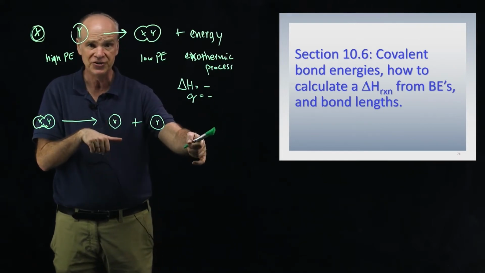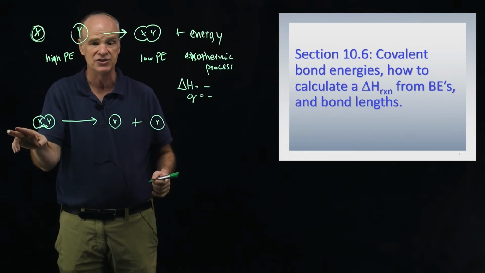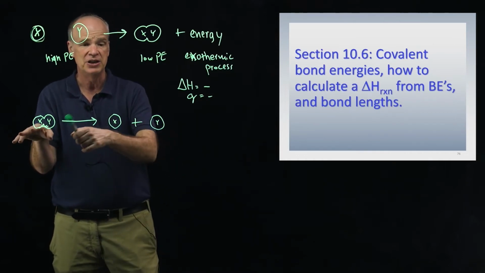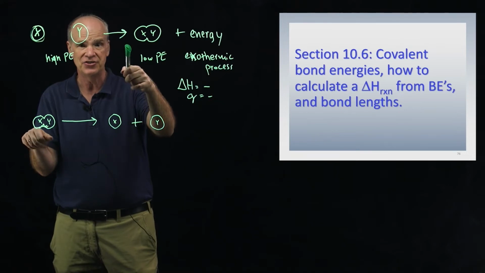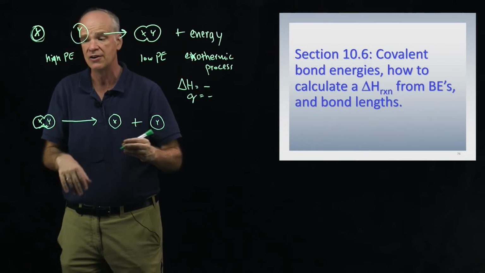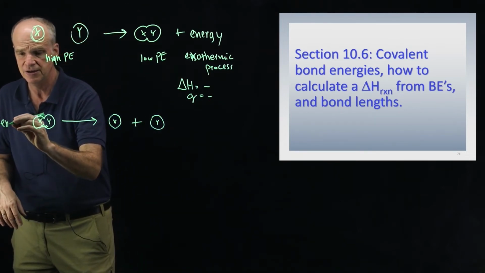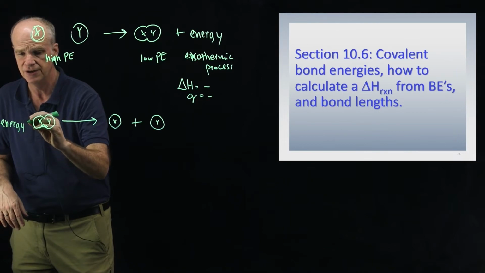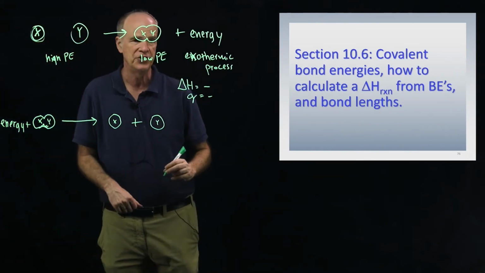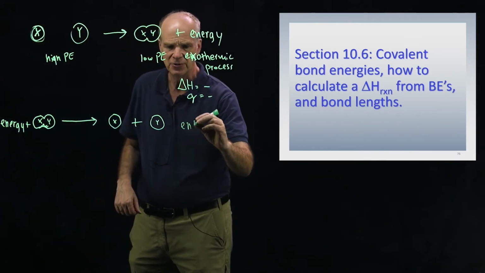Is that going to release energy or is that going to require energy? I think what you're going to see is that because this is the opposite process of this here, energy is required. And so this is an endothermic process.